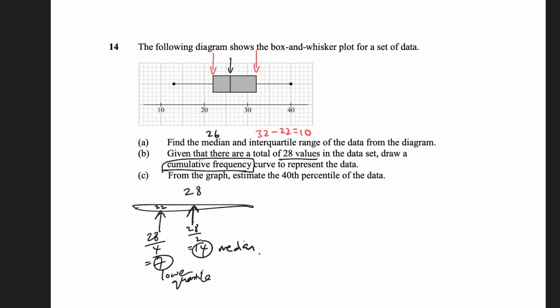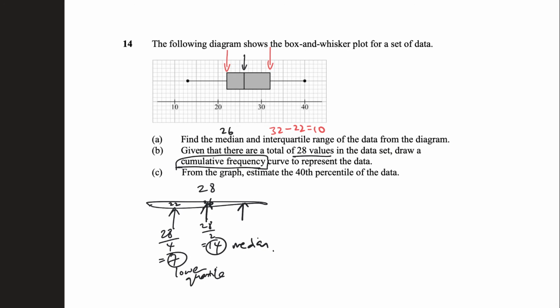And the median, which is 26, means the value here will be 26. For the upper quartile, it will be 28 divided by 4 times 3, which nicely gives me 21. So the 21st value will be 32. That means this value here is 32.